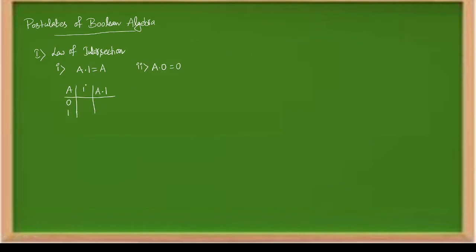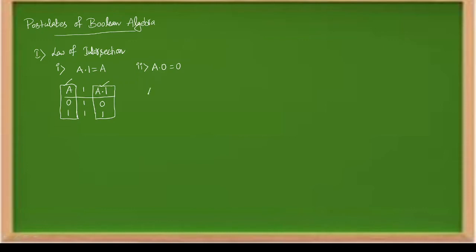And 1 is a fixed value, so I'm just copying it as it is for both the possibilities of A. Now, according to the logical AND operation, as we have seen in our previous class, 0 and 1 always gives 0, and 1 and 1 always gives 1. The entries in A and 1 look similar to the entries in A. That's why I can say A and 1 is equal to A.